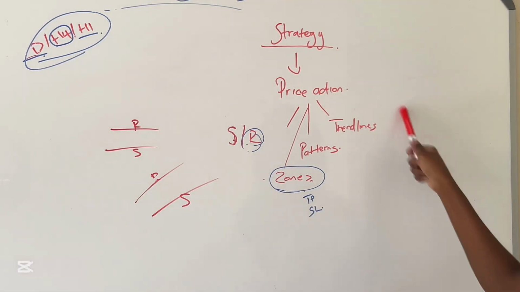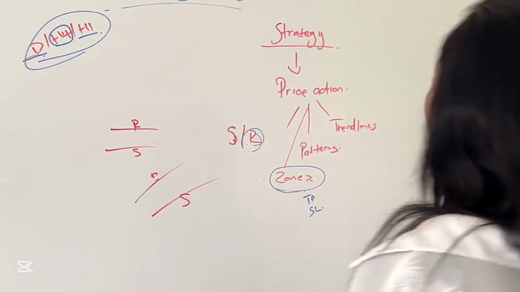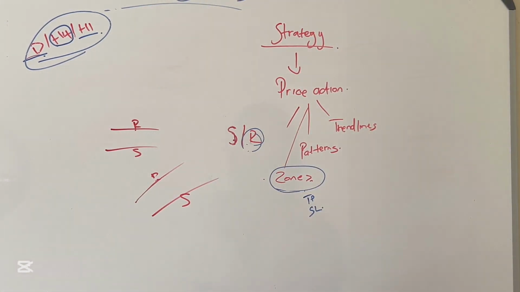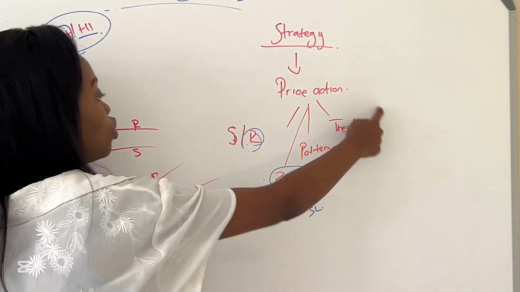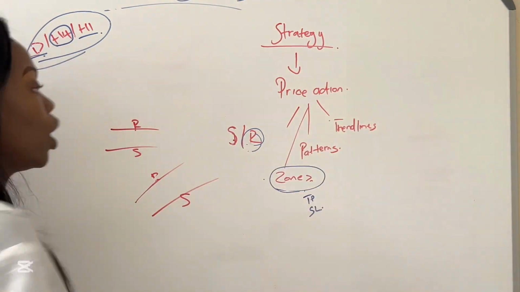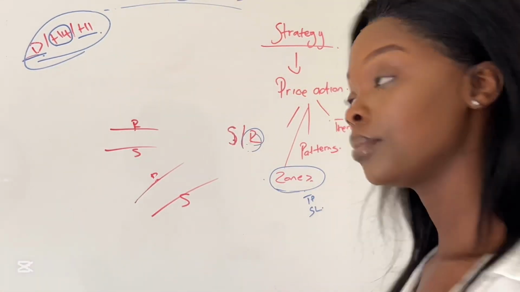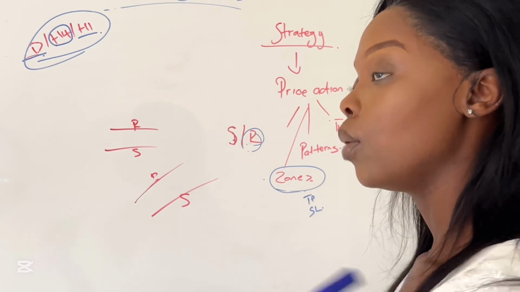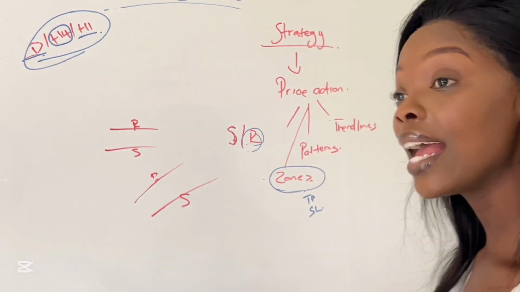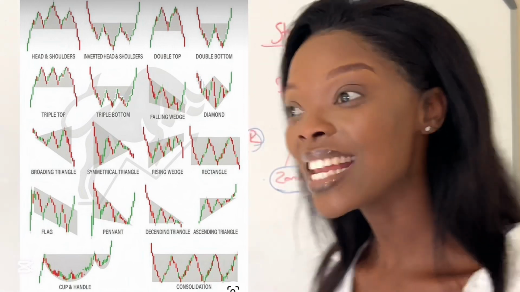This one needs a whole class explaining how it works, however, I will try to get into detail when it comes to this. We have different types of trend lines: triangles, flags, ascending trend lines, descending trend lines.